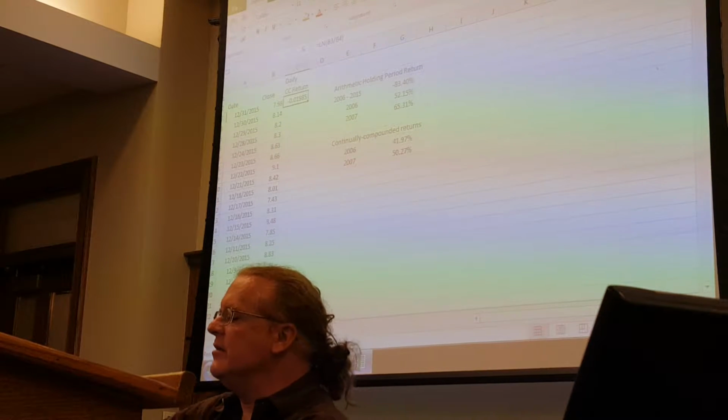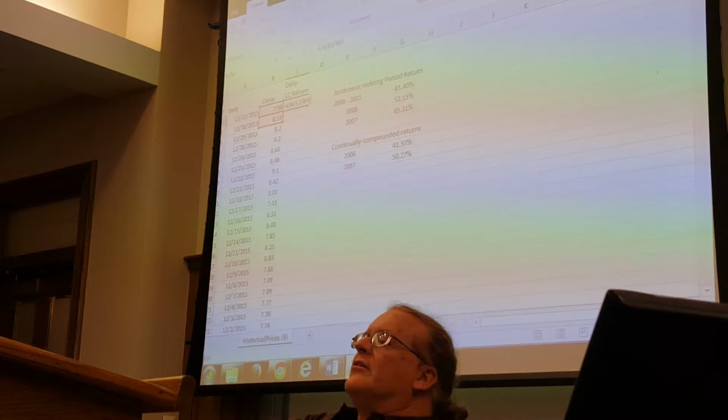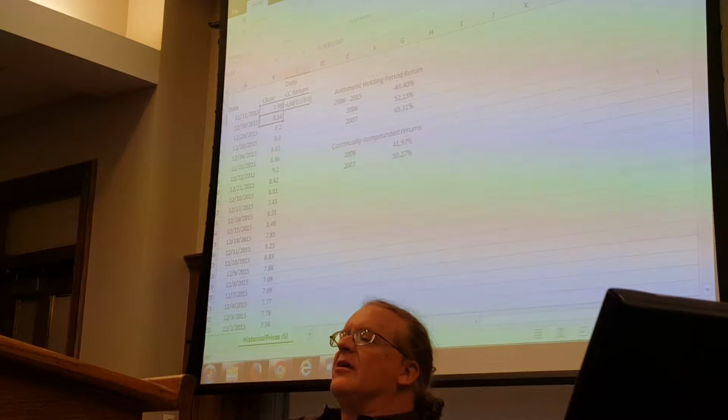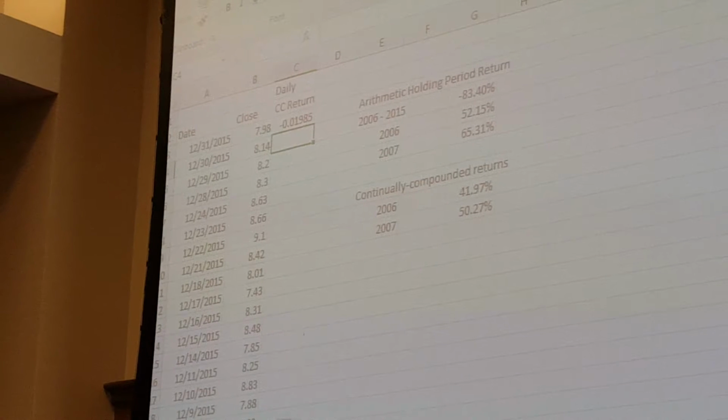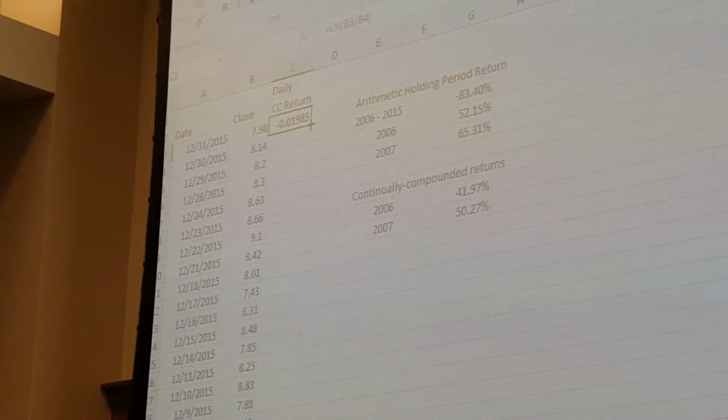So that gives me the daily continuously compounded return from December 30th to December 31st. So I just take the second day price divided by the first day's price and take the natural log of that. Okay, and then I'm just going to copy that all the way down.